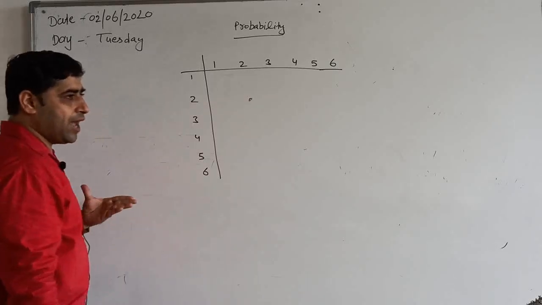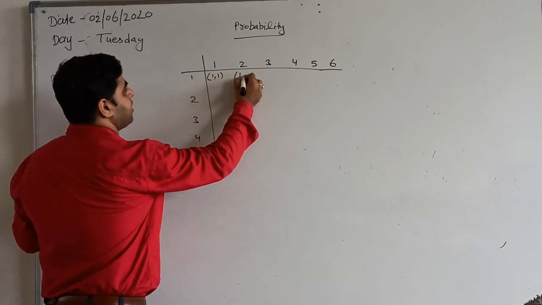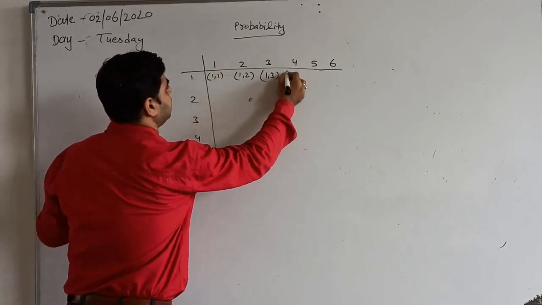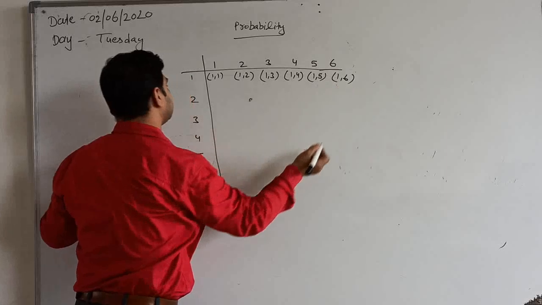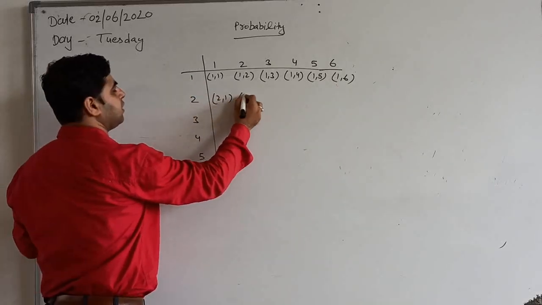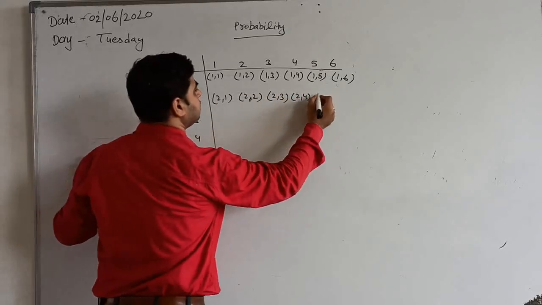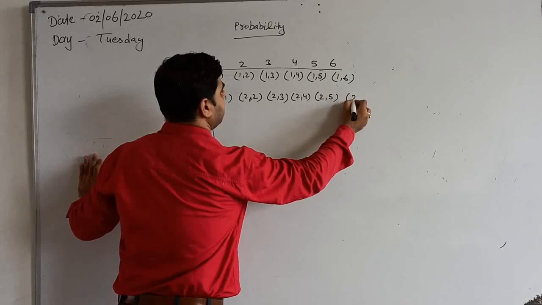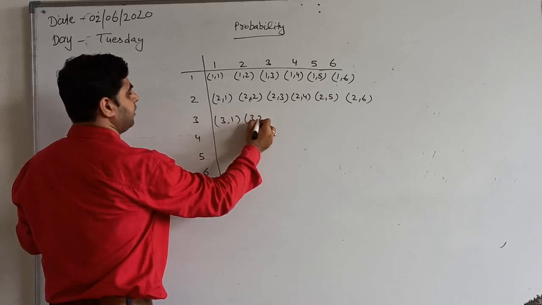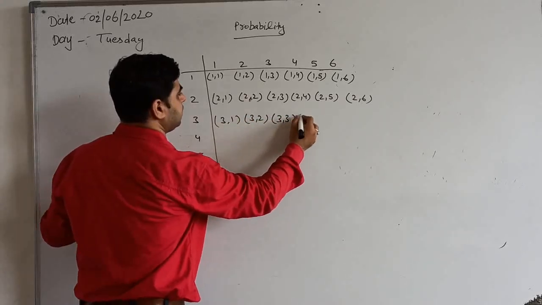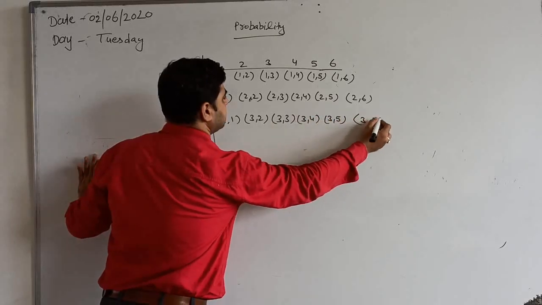But when we throw two dice, the outcomes will be 1,1; 1,2; 1,3; 1,4; 1,5; 1,6. Same here, 2,1; 2,2; 2,3; 2,4; 2,5; 2,6. Then 3,1; 3,2; 3,3; 3,4; 3,5; 3,6.